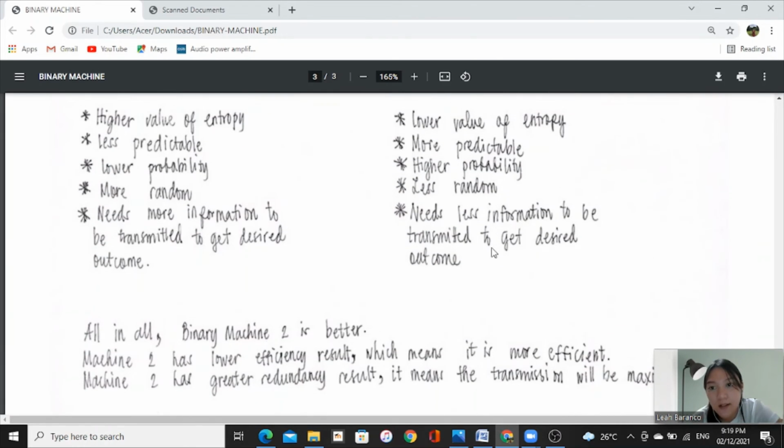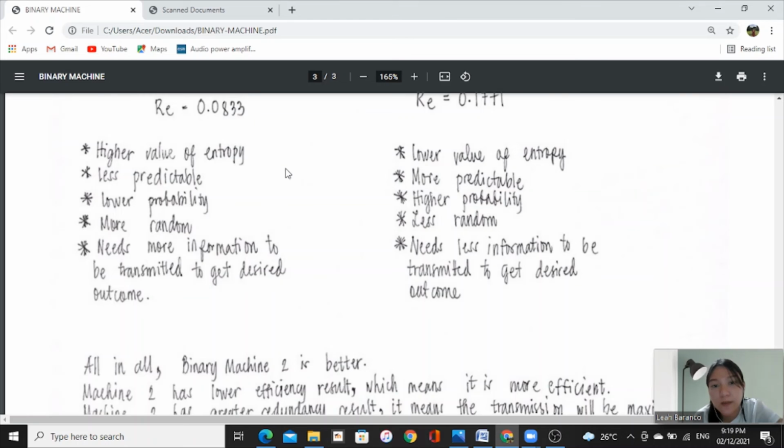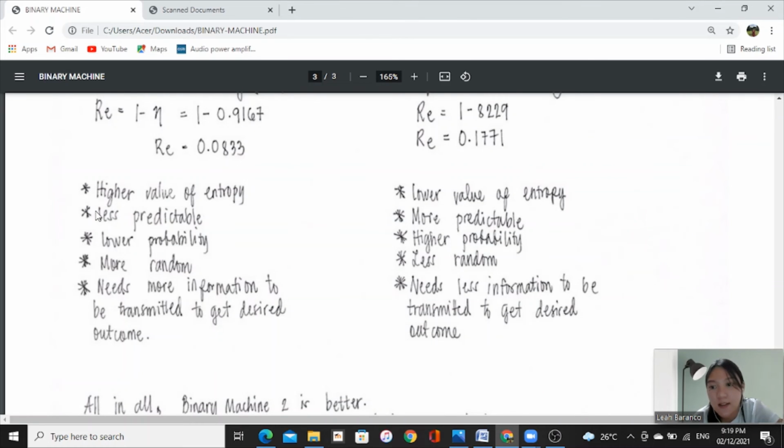And here are the key points in determining their contrasts. In binary machine 1, it has a higher value of entropy, and binary machine 2 has a lower value. It is less predictable in binary machine 1, and binary machine 2 is more predictable.